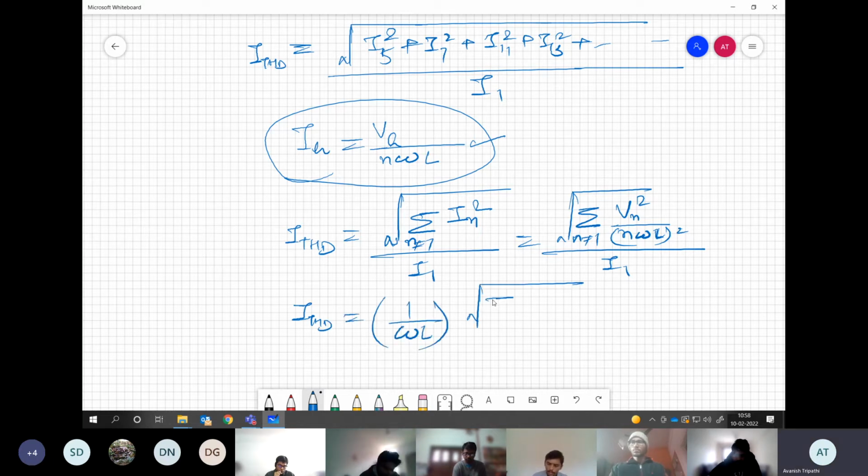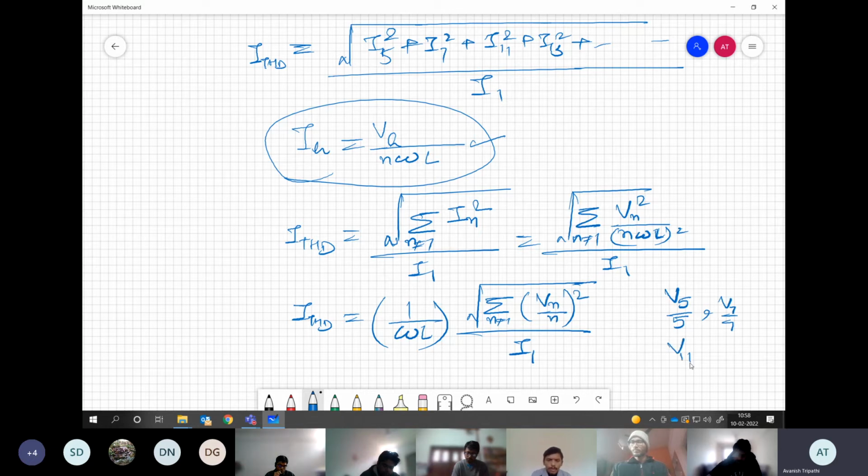And here we have a very unique combination. There is voltage harmonic divided by its own order. So now there is some weightage given to each harmonic. If we talk about the fifth harmonic, it is weighted by 1 by 5. If we talk about the seventh harmonic, it is weighted by 1 by 7.